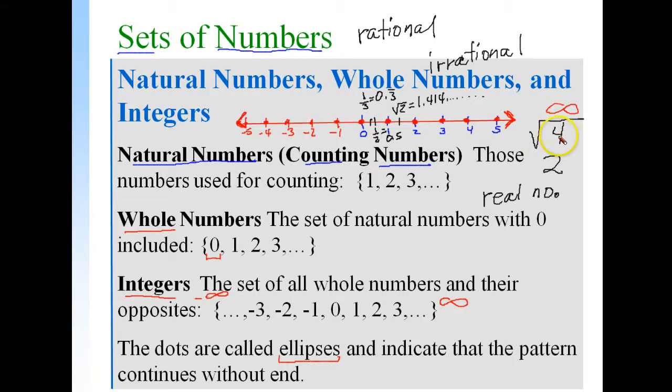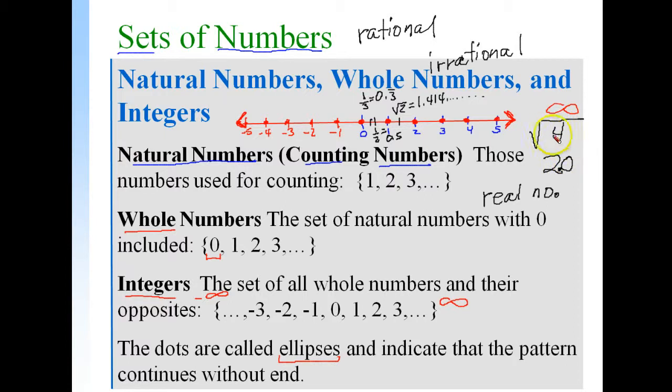Now, numbers that are perfect squares, such as 1, 4, 9, 16, 25, 36, 49, 64, 81, 100, those are all perfect squares. If they were to be found under the radical sign, they would be rational numbers because they produce a fraction, in a sense 2.0, that terminates.